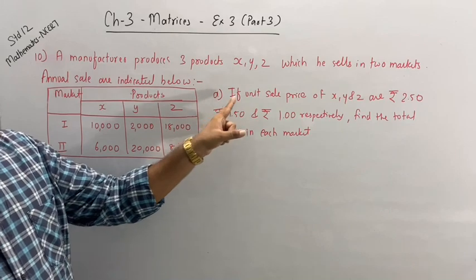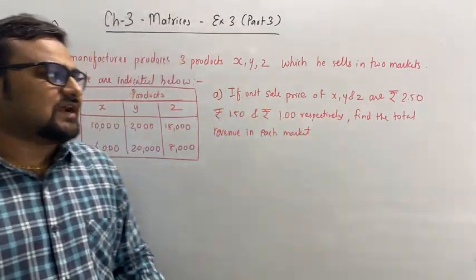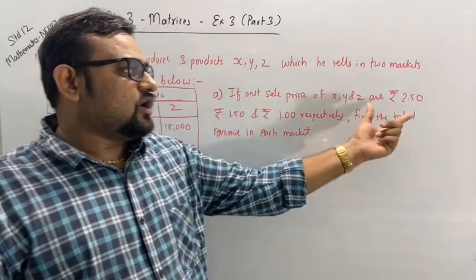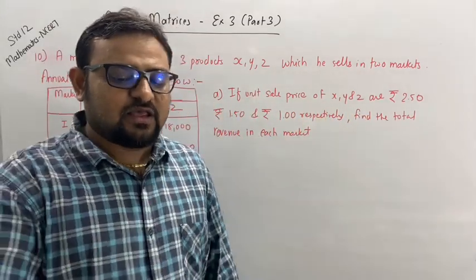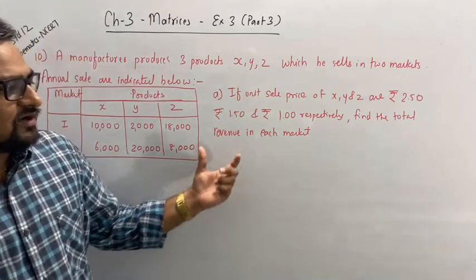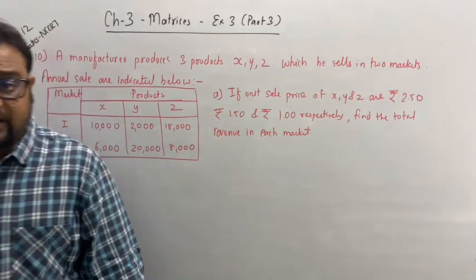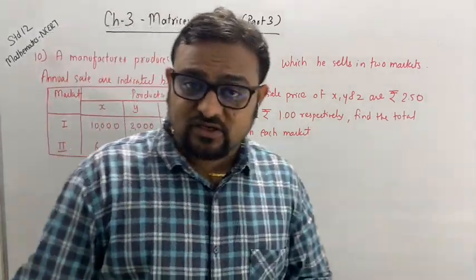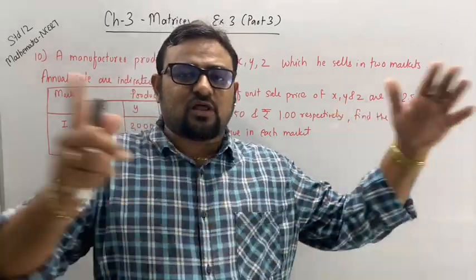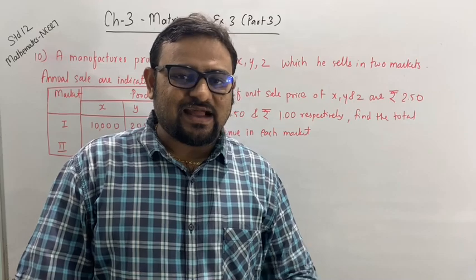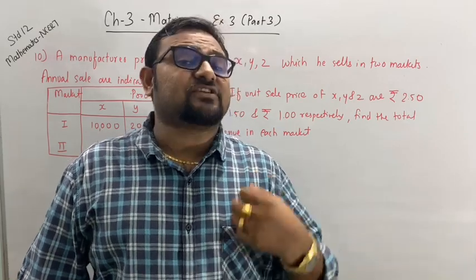First, A. If the unit sale prices of X, Y, Z are 2.5 rupees, 1.5 rupees, and 1 rupee respectively, you have to find the total revenue in each market. Total revenue means the number of products sold times the selling price, the total money collected after selling all the products.